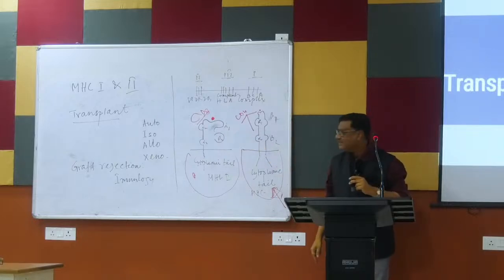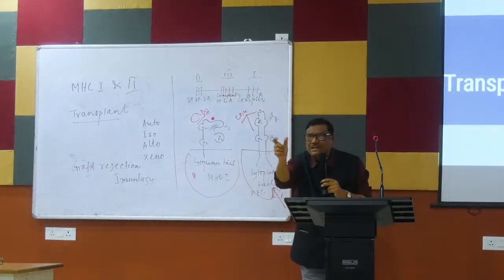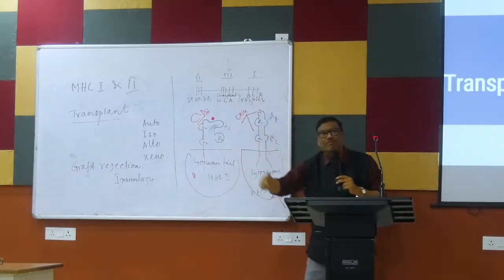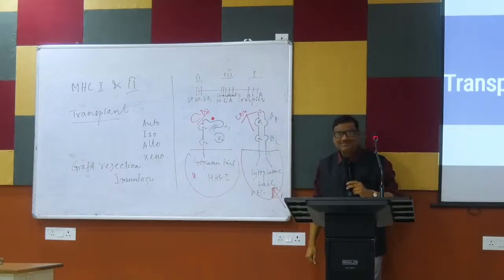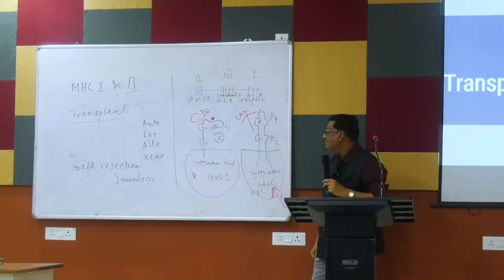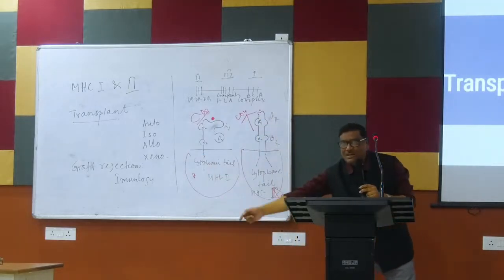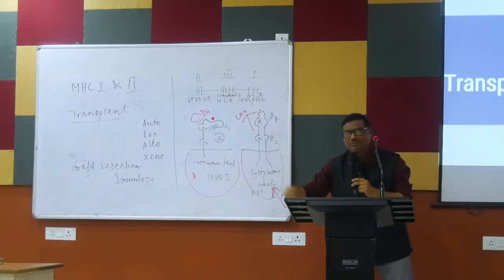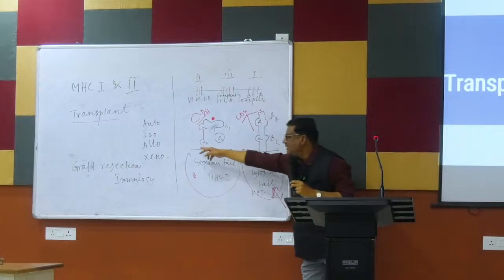100% acceptability. In case of isograft, the identical twins, the HLA complex is the same, the acceptability is 100%. But in case of allograft, from one human being to another human being, from sheep to sheep, tiger to tiger, acceptability is variable.